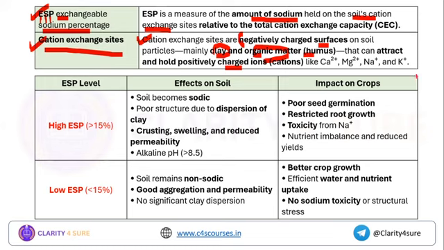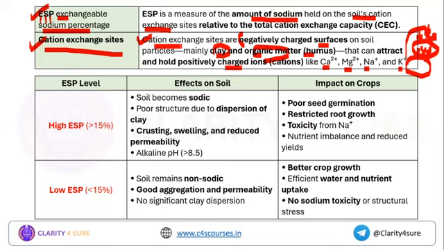So this is a soil particle. Let's suppose there are negative particles present, that is humus and clay, and positively charged ions like calcium Ca2+, Mg2+, Na+, and K+ are attracted by these negatively charged clay and humus particles, forming cation exchange sites.